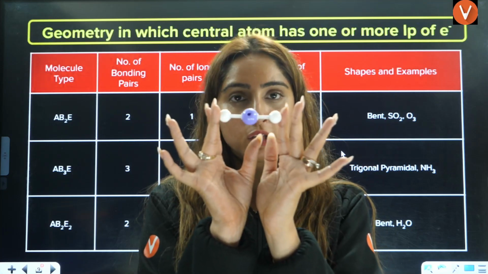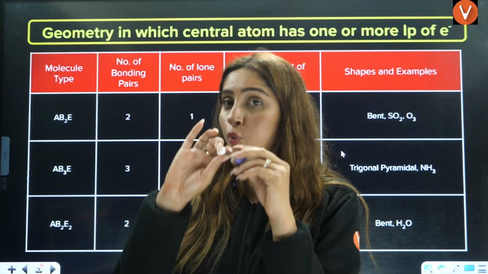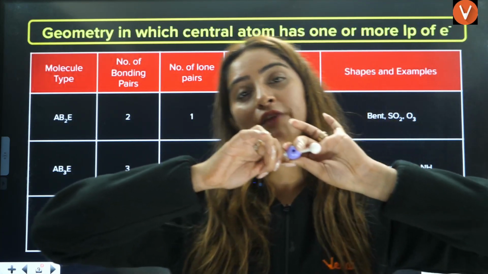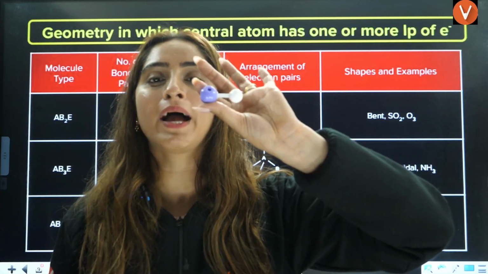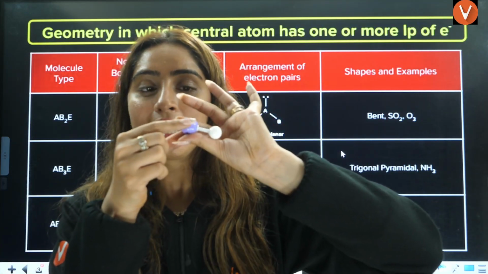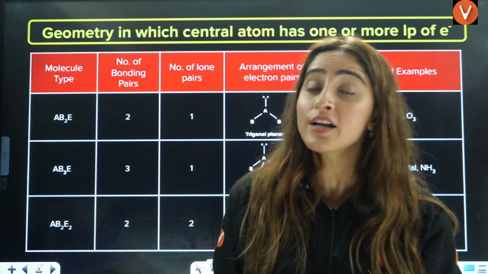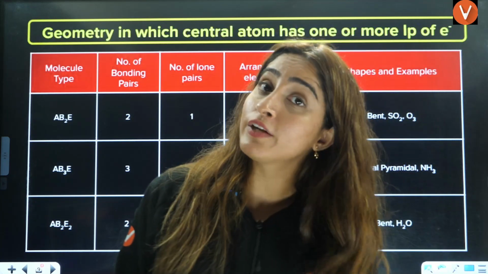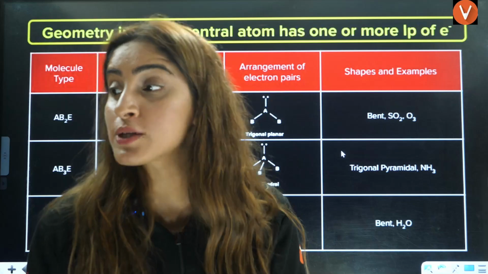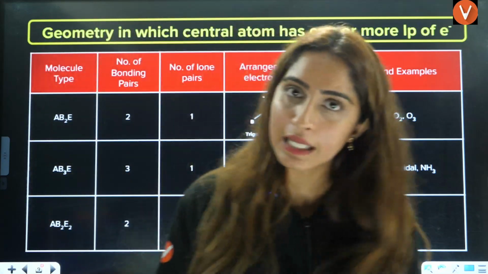Now, if I substitute one bond pair by one lone pair, even now it is a linear shape, right? So even if you have one lone pair or even two lone pairs, the shape is going to remain the same. That is linear only.